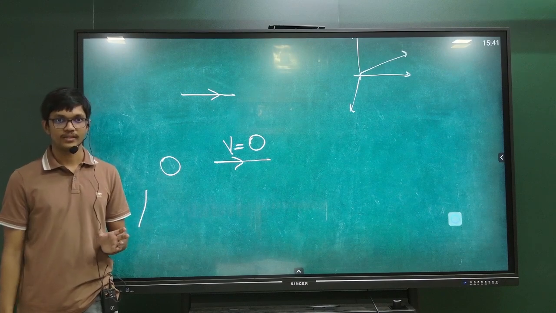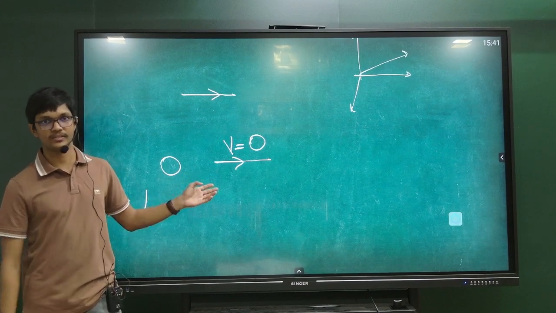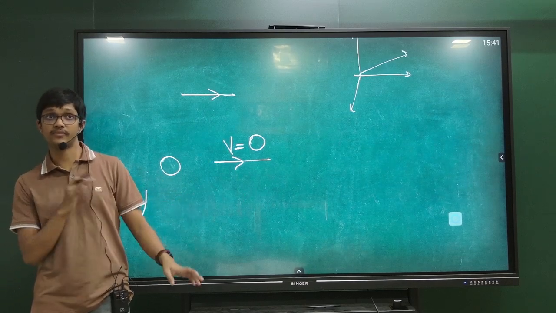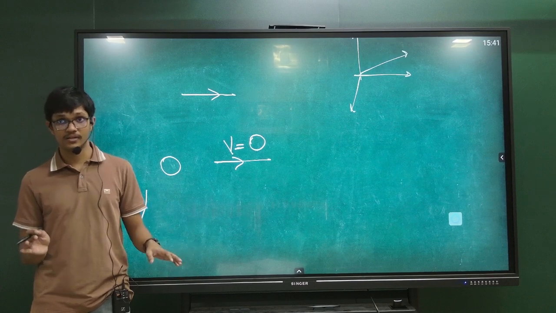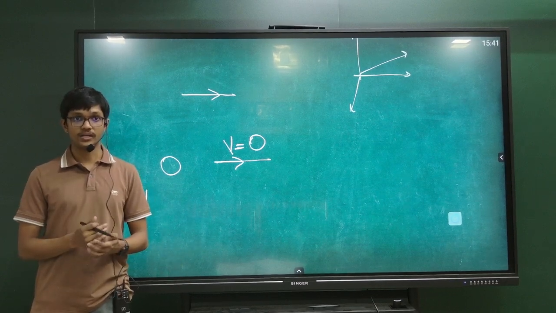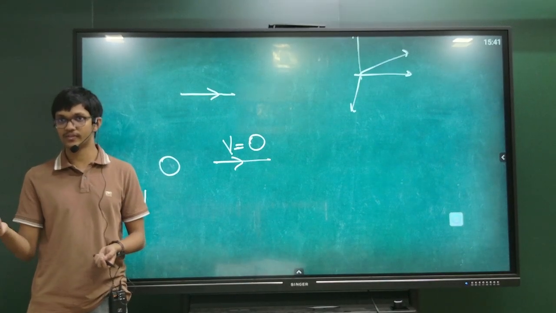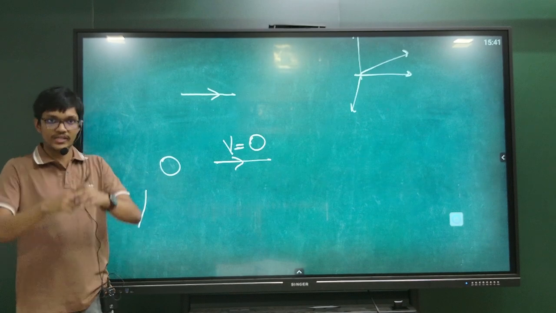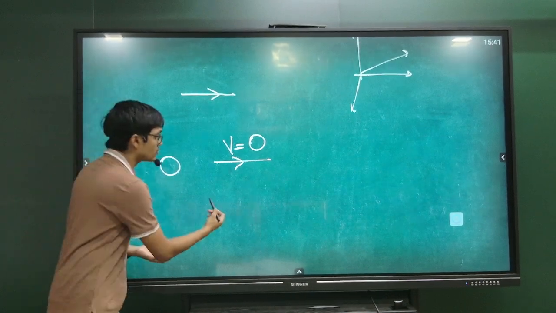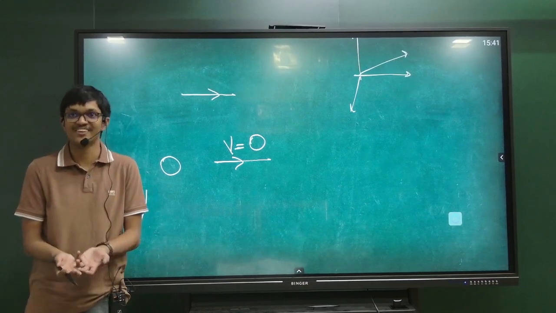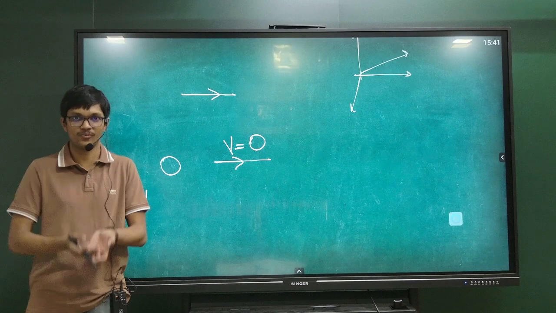Clear? So basically, if you have a system like this, there are no vectors here, so it is not basically a vector network, but mathematically it's correct. Why? Something called the 0 vector exists.